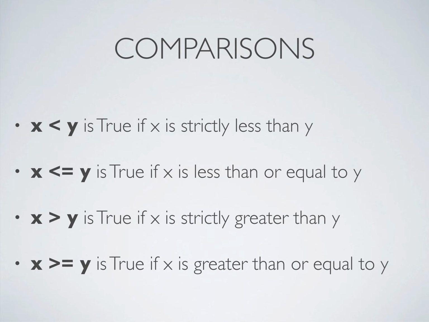So x less than y is going to be true if x is strictly less than y. To do less than or equal to, you do a less than symbol and then an equal sign. So x less than or equal to y will give you a true if x is less than or equal to y. And of course you have the same thing for greater than.